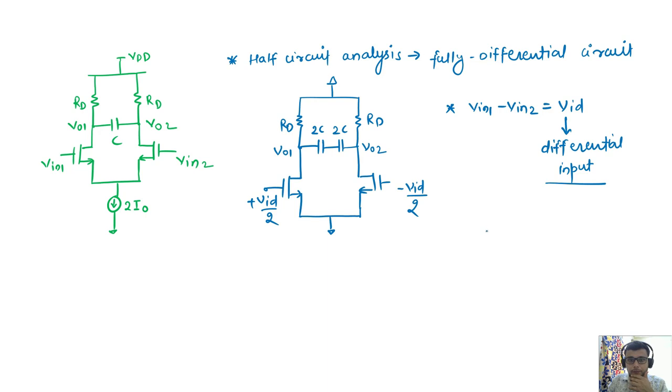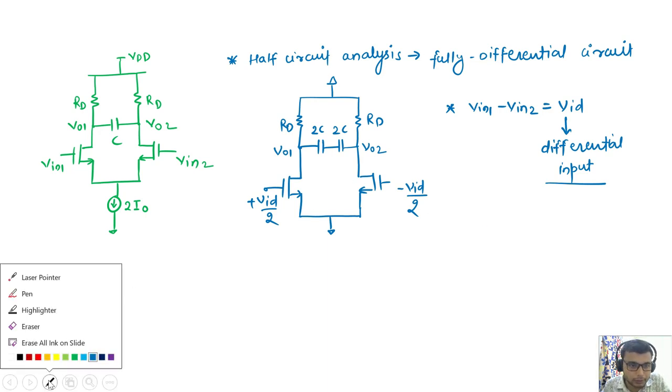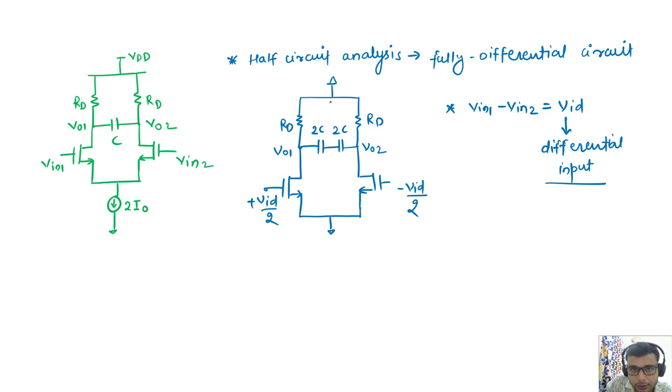So we can see the circuit is symmetric around its midpoint, so we can do the half circuit analysis. I am considering this to be an ideal current source.